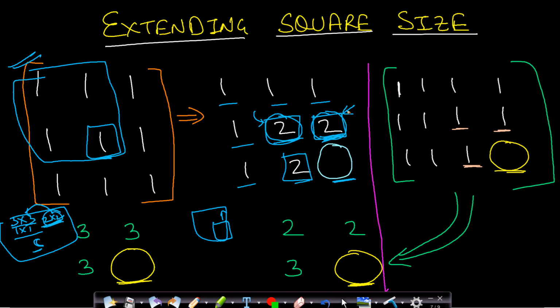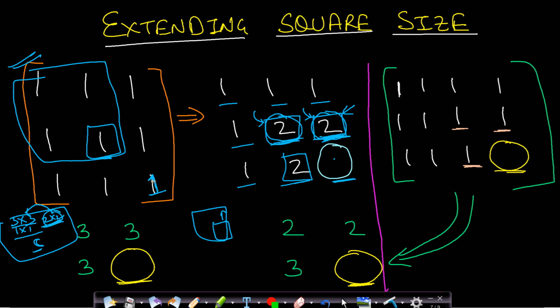So you just need to count these values. Once you know that there are 2 square submatrices which have this current cell as their bottom right corner, 2 for this and 2 for this, then if we add 1 in its corresponding matrix place, we can actually extend this matrix by one value.